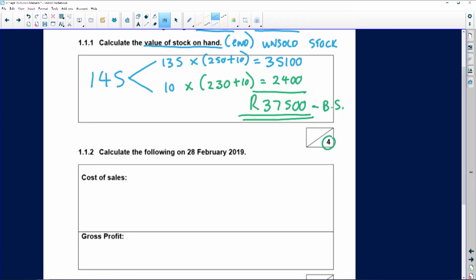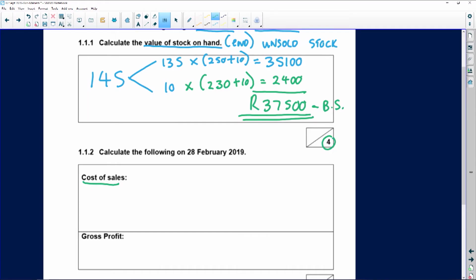Calculate the following on the 28th of Feb 2019, the value of your cost of sales. So remember, cost of sales is obviously the value of stock that was sold for the financial year. Okay, so your cost of sales, very, very important, guys, that you remember the following formula.